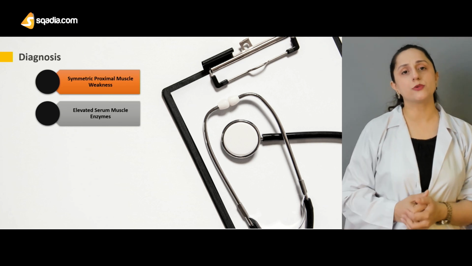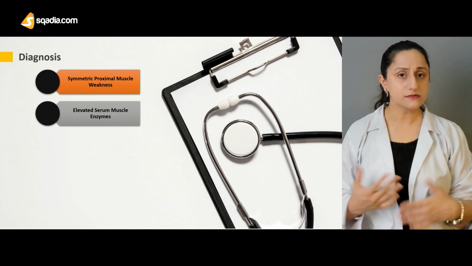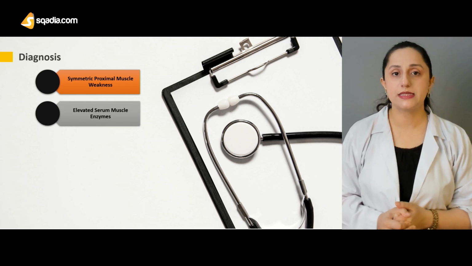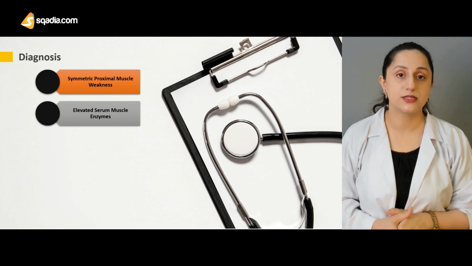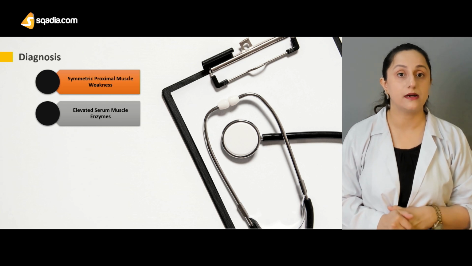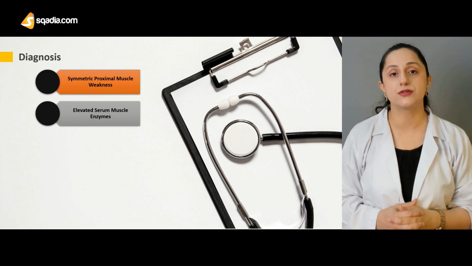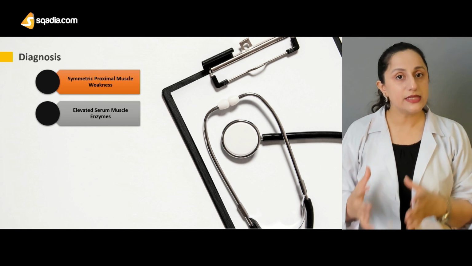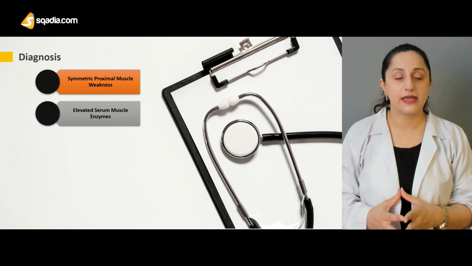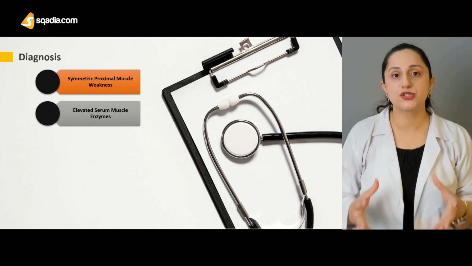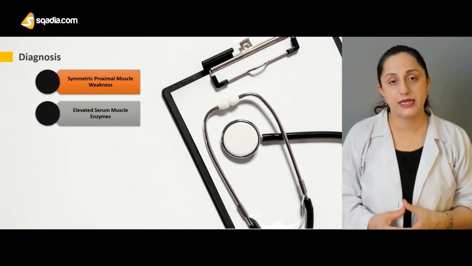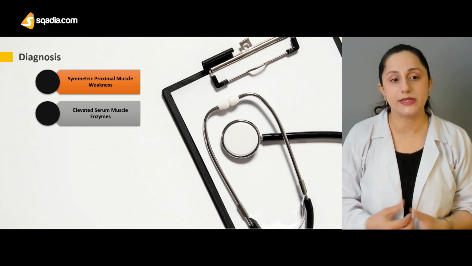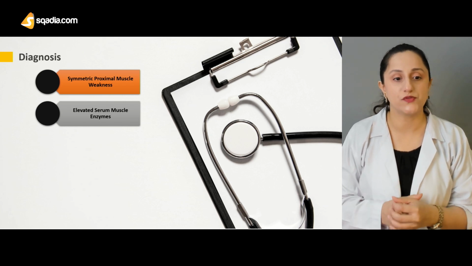Usually when we talk about the muscular weakness, we have this thing in our mind that muscular weakness is usually associated with the higher brain centers, or either it is associated with the damage to the spinal cord. So it's again very important to rule out this fact. When we have a symmetrical involvement, it's usually the muscles itself that are contributing to that muscle weakness. So it's again a very important sign over here.